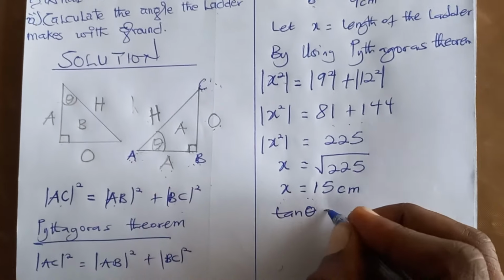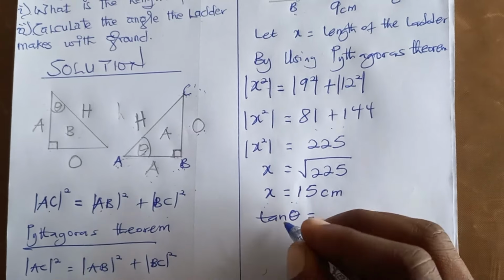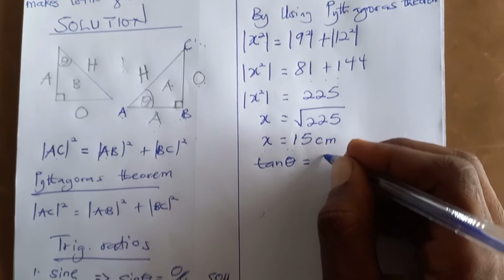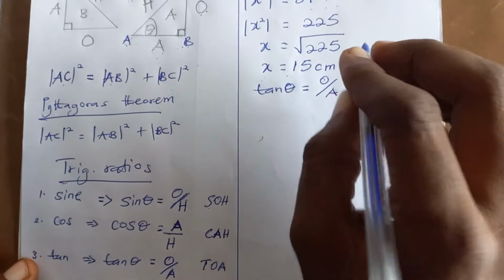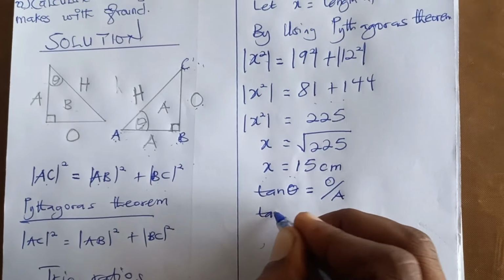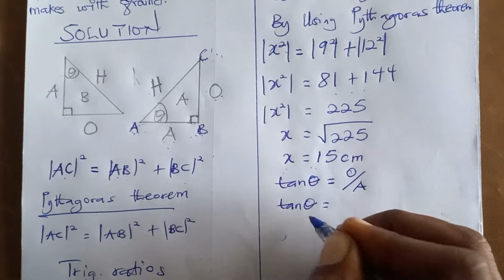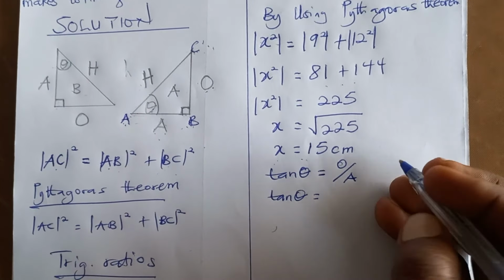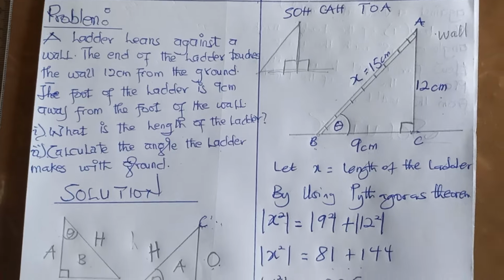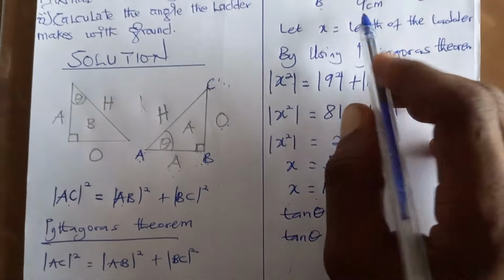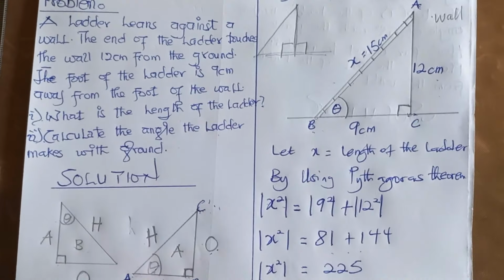Tan theta is equal to opposite over adjacent. We don't know our theta, that's what we are looking for. Opposite is 12, over our adjacent is 9.